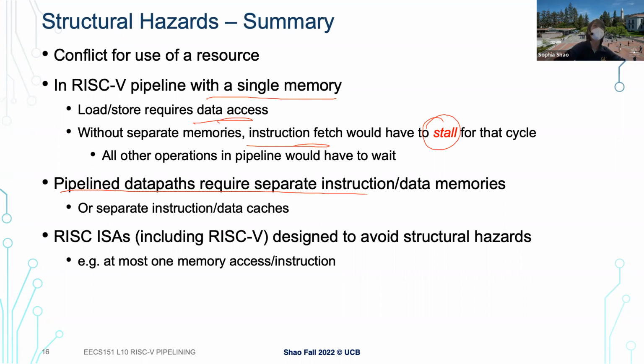We never have a lot of reads from the register file. We never have more than one write to the register file. So overall, the ISAs also limit the concurrency that needs to be supported in our data path. So that's the first hazard that we see a lot when we handle pipelining, structural hazard.